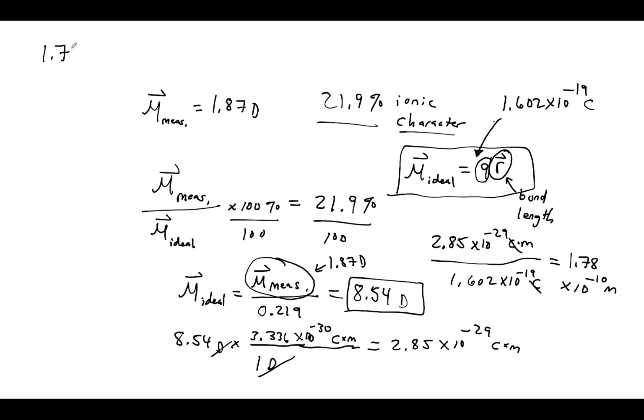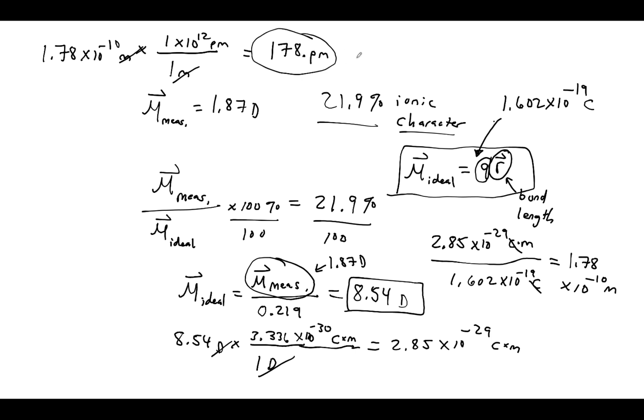We take our 1.78 times 10 to the negative 10 meters, right? And then we know that in 1 meter there would be about 1 times 10 to the 12 picometers, okay? We can see the meters will cancel, and when we do this we get about 178 picometers, okay? And this is answer choice A. So the answer to this question is A, that we can estimate the bond length based on this kind of data. Okay.